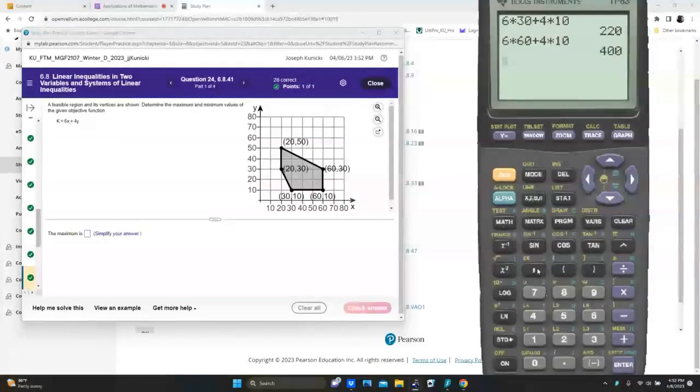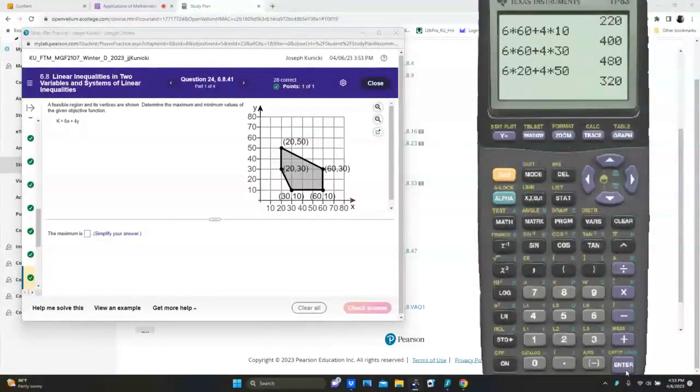Then I go up to 60, 30. Now I'm on a vertical line, so x stays the same, but the y changes to 30. And for the third point, it's 480, and then I do second enter. Now they both change. X is 20, and y is 50.